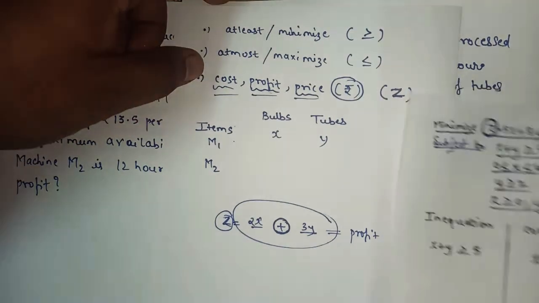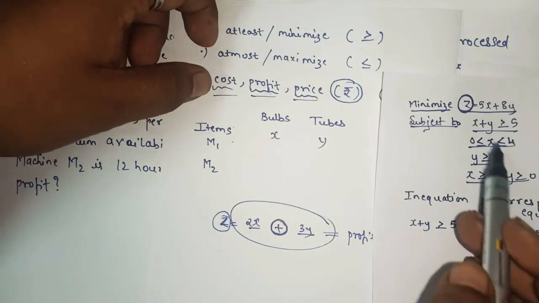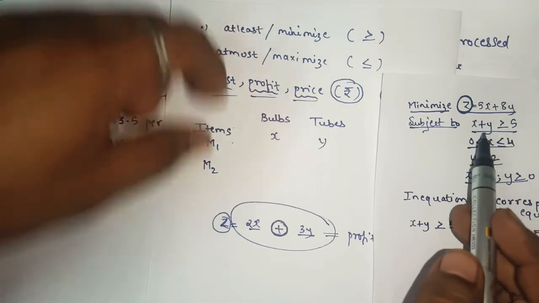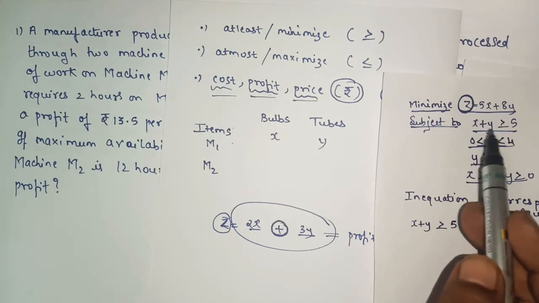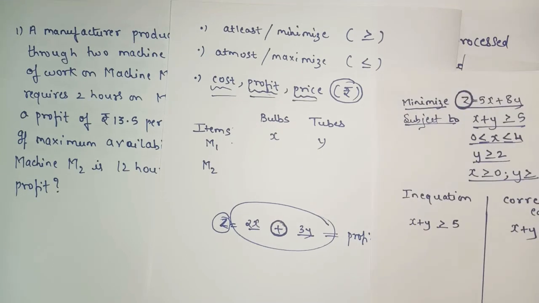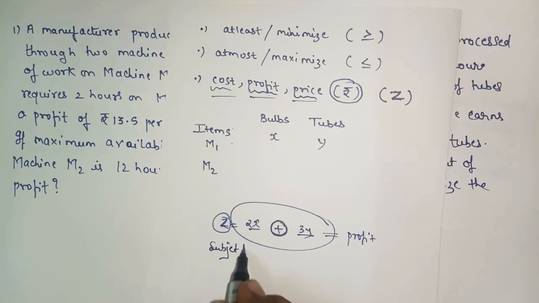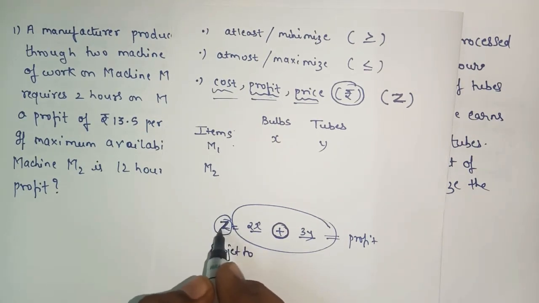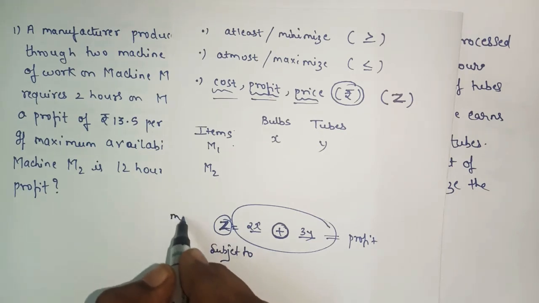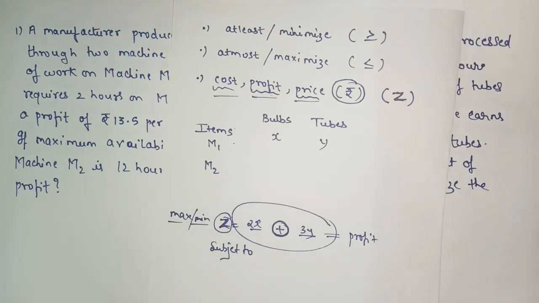After Z, you have to frame the equations. When you frame the equations, they will be either linear equations in two variables or in one variable. That part is known as "subject to". You have to check which Z you have to find, maximize Z or minimize Z, which will be mentioned in the question.